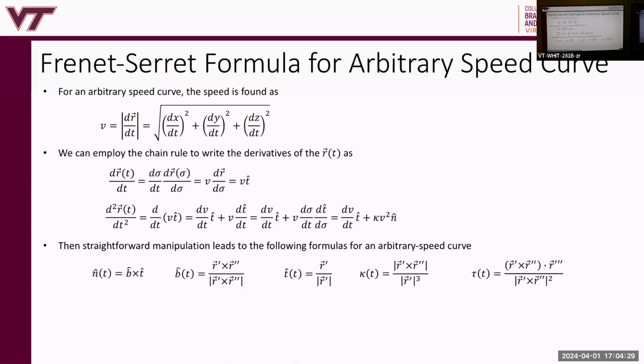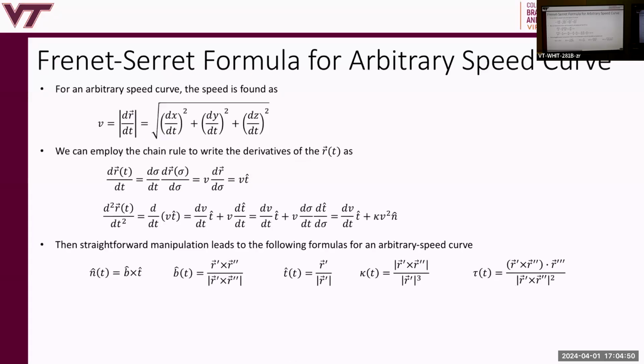All right, for an arbitrary speed curve, the speed is found in the same way, the magnitude of the velocity vector, or dr/dt. So we get this expression, the square root of (dx/dt) squared plus (dy/dt) squared plus (dz/dt) squared, right? Okay, let's employ the chain rule to write the derivative of r of t.